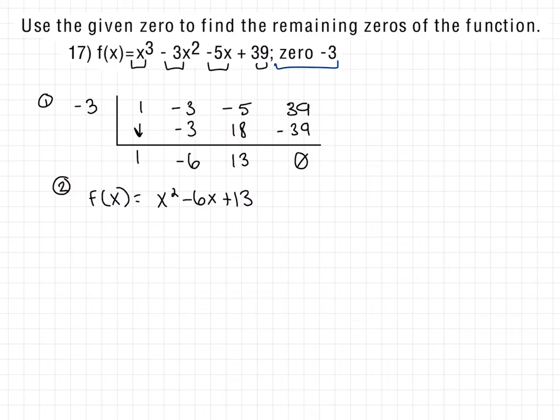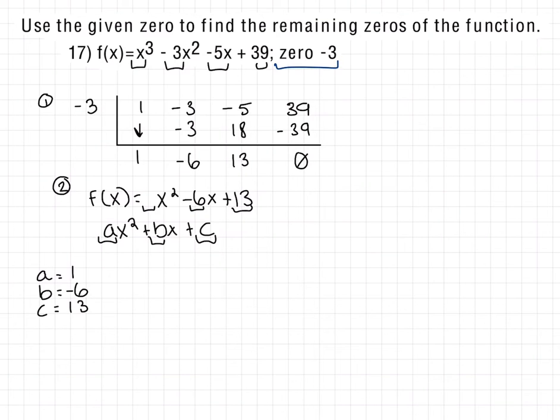So if you remember the general equation for the quadratic function, which is ax squared plus bx plus c, we know that we have different parts of it. And the a, b, and c refers to the coefficients, or the values of our numbers. So we know that we have a is equal to 1, b is equal to negative 6, and c is equal to positive 13.